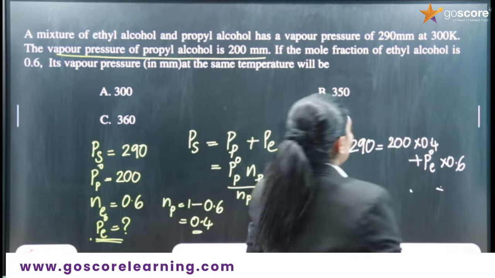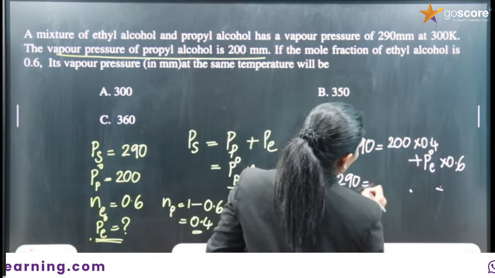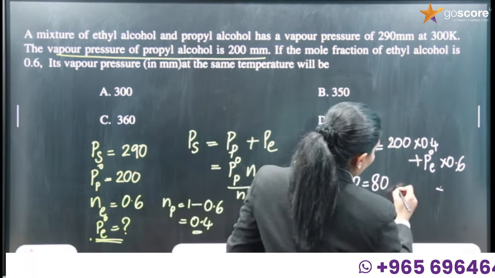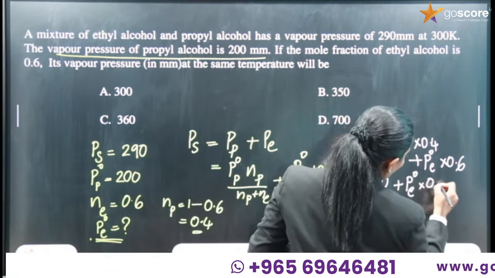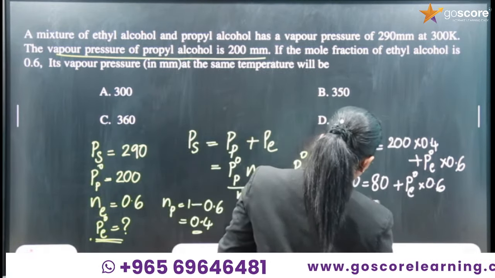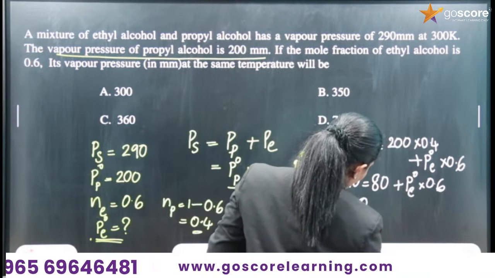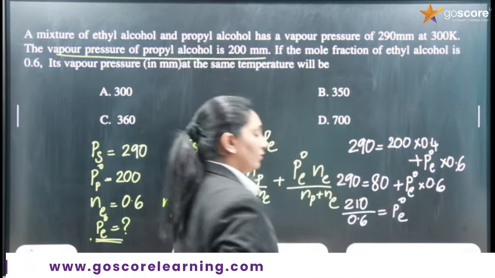0.6, right? So by doing this calculation, 290 is equal to 200 into 0.4, that is 80, plus P naught E into 0.6, right? So by dividing, 210 divided by 0.6 will be the P naught E value.